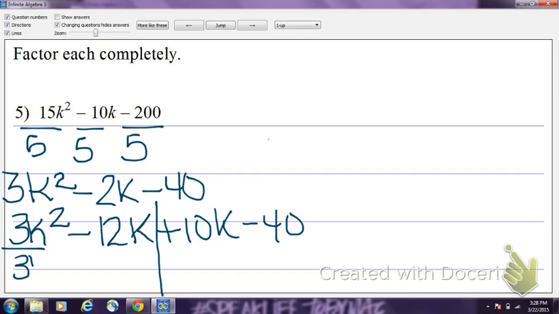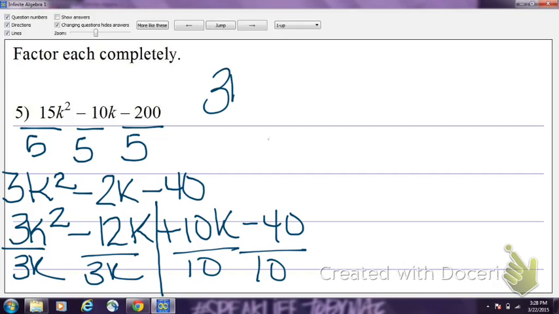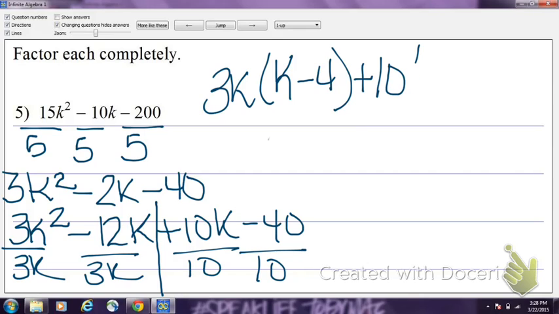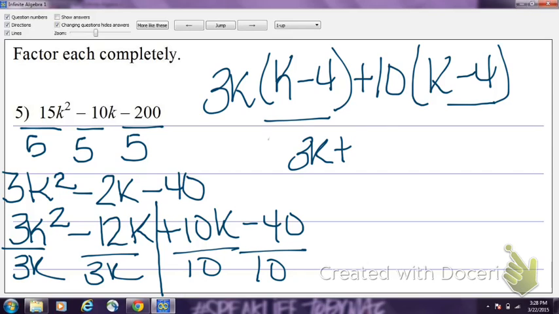So we can divide out 3k over here and 10 over here. So we have 3k, and we're left with k minus 4. And over here we take out the 10, and we're left with k minus 4. And these should match. So we have 3k plus 10 and k minus 4.